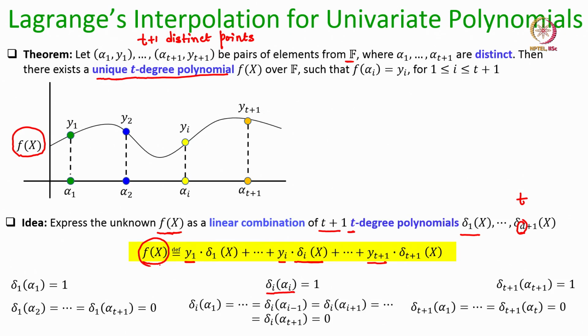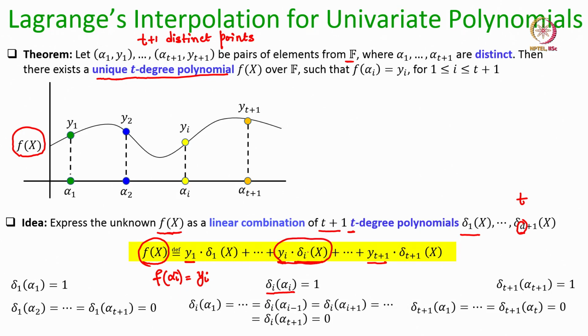Because it is a summation or a linear combination of several t degree polynomials, and indeed f polynomial at alpha I will evaluate to y I, because all the delta polynomials delta sub 1, delta sub 2, delta sub I minus 1, delta sub I plus 1 except the ith delta polynomial will vanish, will give the value 0 at x equal to alpha I, and it is only this ith term which will survive.